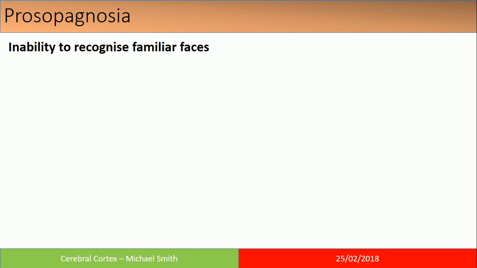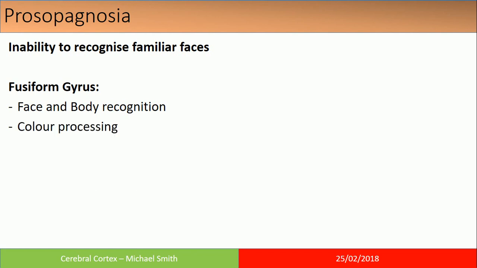However, in prosopagnosia, you lose this ability, and you have to rely on other things such as the sound of their voice, or maybe even clothing that the people wear to work out who it is that you're speaking to. So this is made up predominantly from our fusiform gyrus, which has roles in face and body recognition and color processing. But as you're still able to recognize the voice and gait, this is how you understand who it is that you're speaking to.